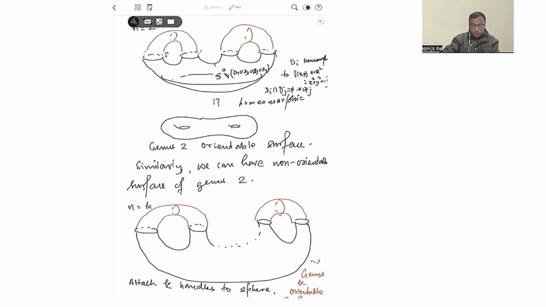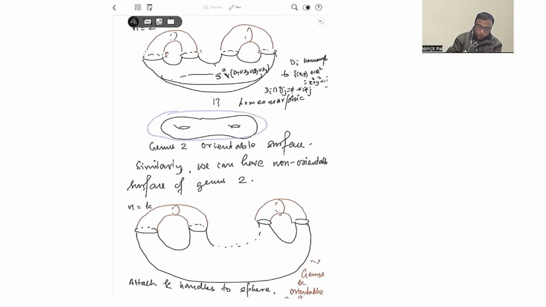If the attaching maps are orientation preserving homeomorphisms, you'll get an orientable surface, homeomorphic to this picture.